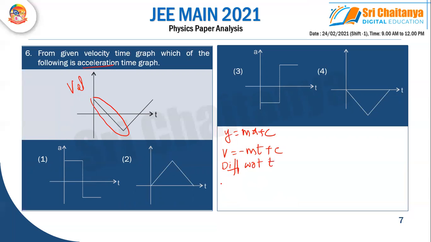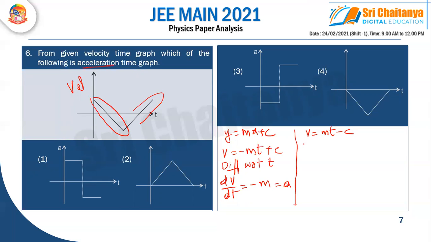So I get dv by dt, which is acceleration. I'll be getting minus m. Now this is the acceleration I'm getting. For the second part of the graph, I'll write a similar equation of a straight line, and this will have a positive slope, and for that reason I'm taking mt minus c, and you can observe this.